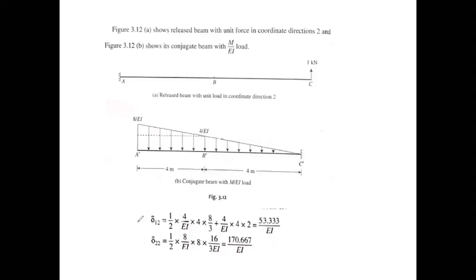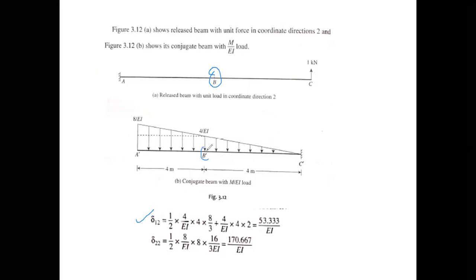This del 12 represents that the load is applied on coordinate direction 2 and its impact is seen on coordinate direction 1, that is over here. So in this case, the impact is seen over here. So we have to calculate the displacement coordinate over here, which will be equal to the moment over here at B dash.